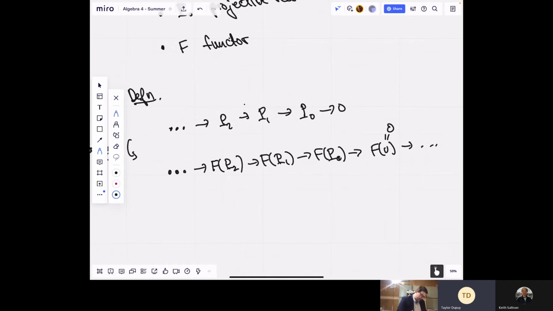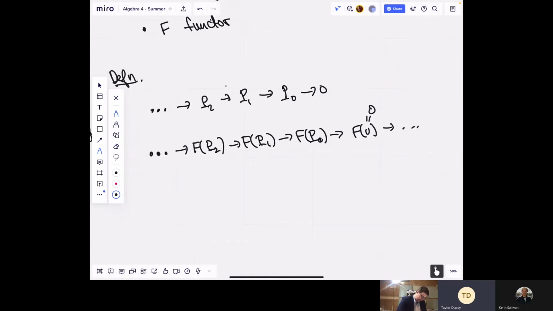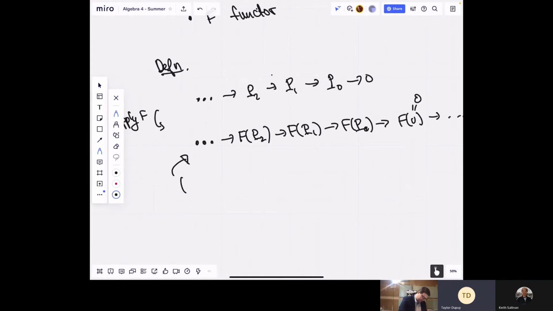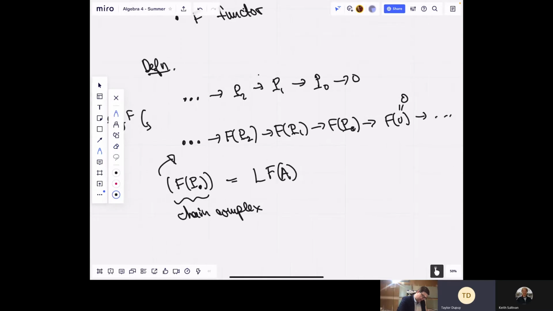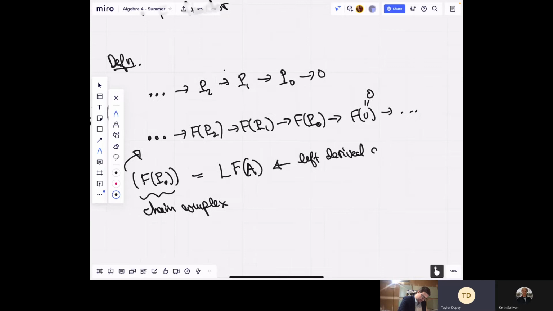Now this thing here is a chain complex. We call this thing the left-derived chain complex, LF of A, the left-derived chain complex for A. It appears to depend on the projective resolution, but again, this is going to be another thing where it doesn't.